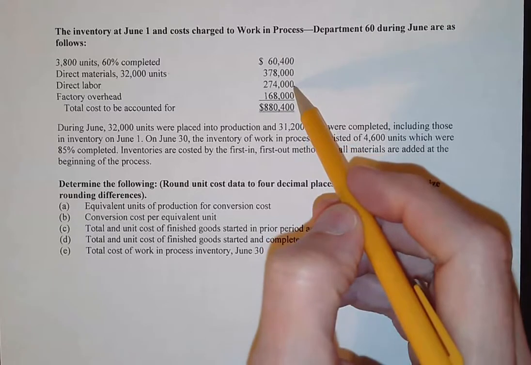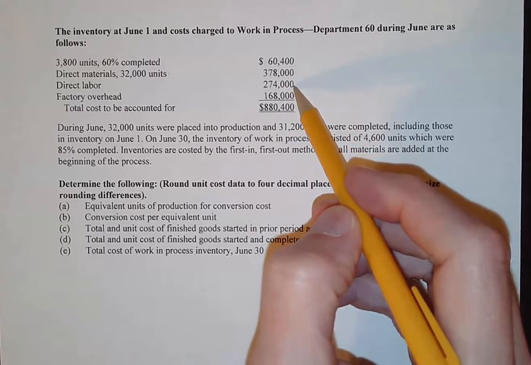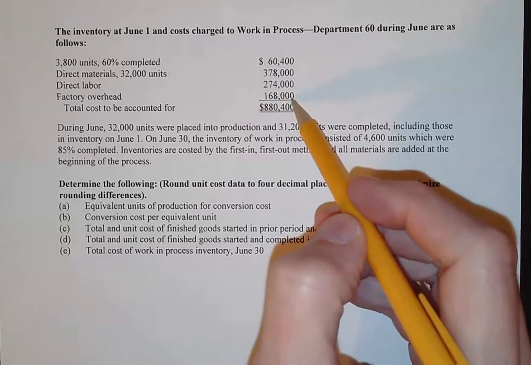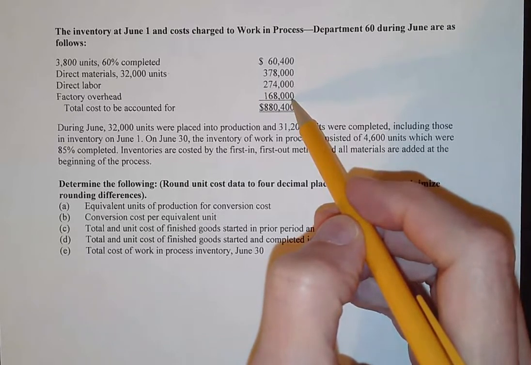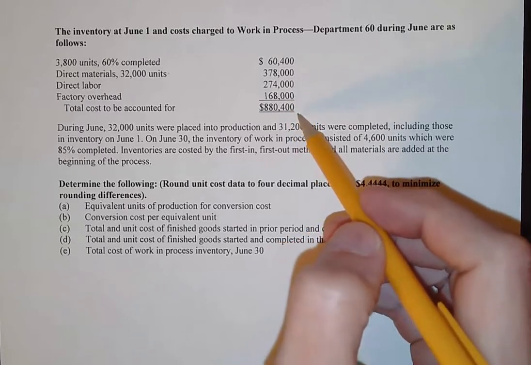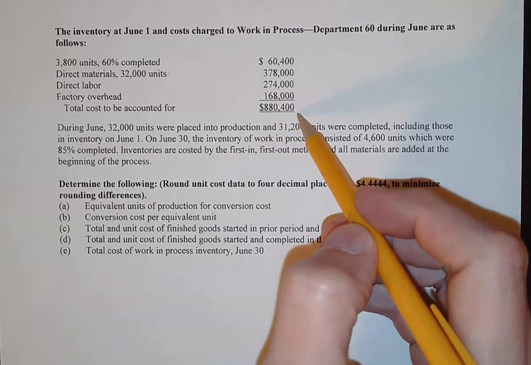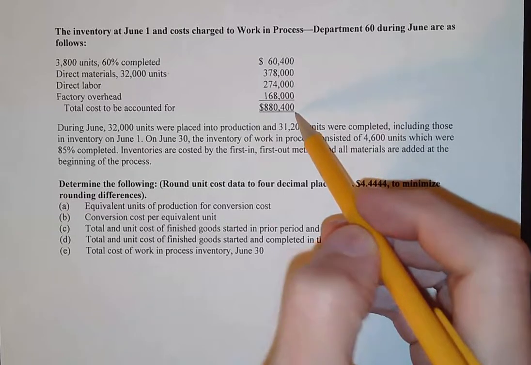Direct labor added during the period is $274,000, and factory overhead applied in the month of June is $168,000, for a grand total of $880,400 total cost to be accounted for.